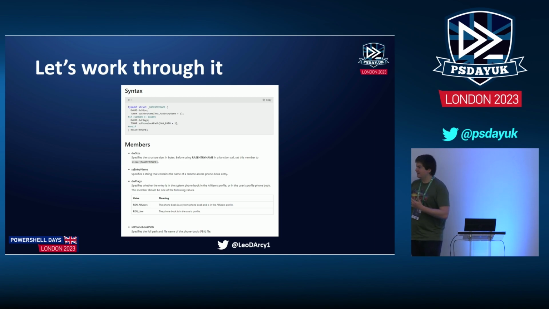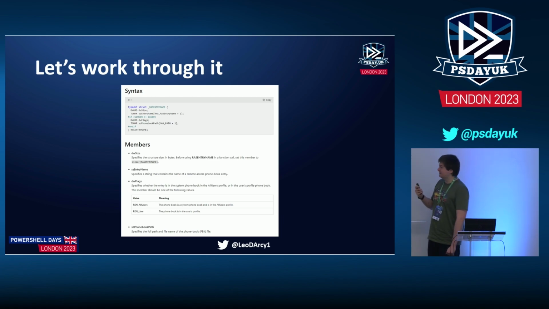So what it's effectively saying is that before 0x500, and we'll get into that in a second, the only things in that data structure are dwSize and szEntryName. If it's a greater version than 0x500, then it also includes this dwFlags and the phone book path entries.